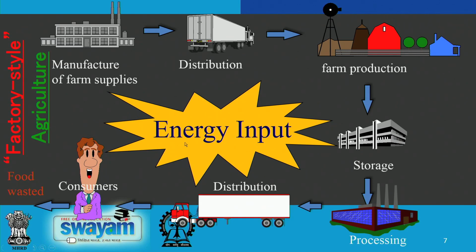Number two, energy inputs are very important and significantly contribute to these production processes, and that is why the energy budgeting or energy auditing of the agricultural production system is of paramount importance for modern agricultural scientists or professionals.